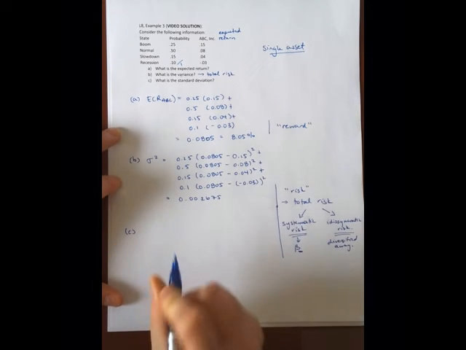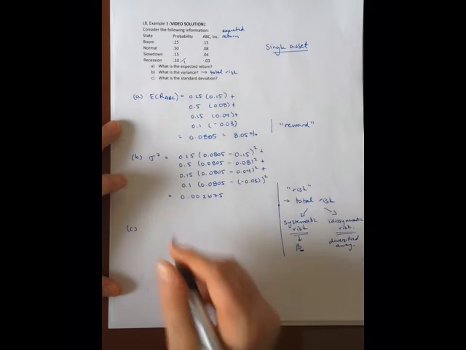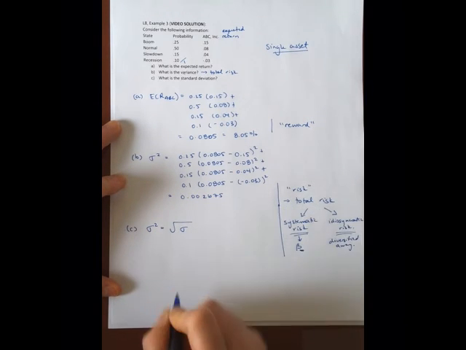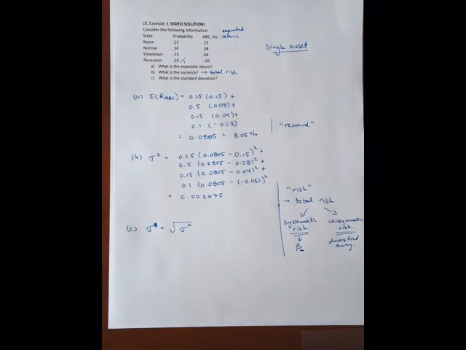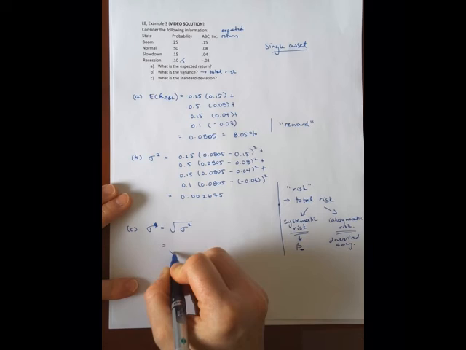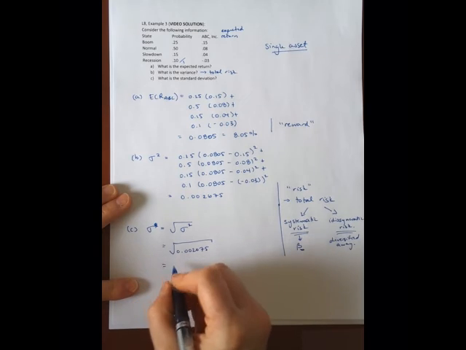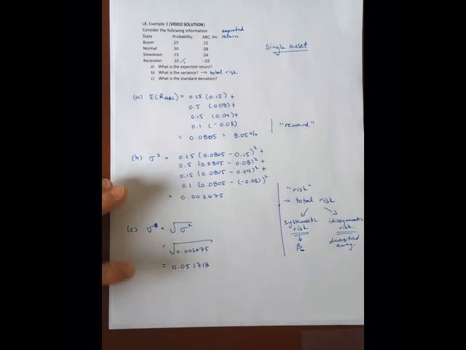So the last piece of the question is looking at part C. So part C says, what is the standard deviation? Standard deviation is simply the square root of the variance observation. So all I need to do is take the square root of the solution in part B, and I'm good to go. So that's 0.051718.